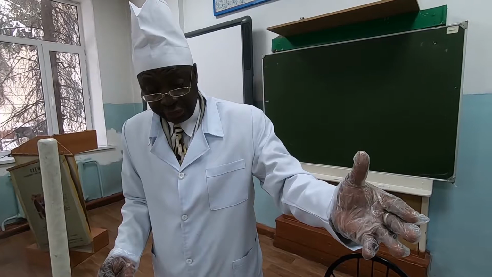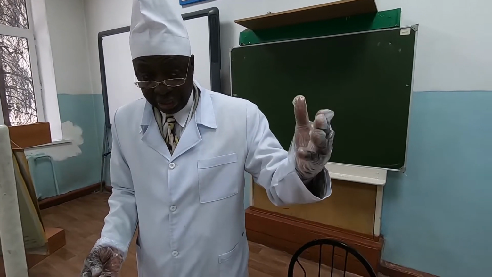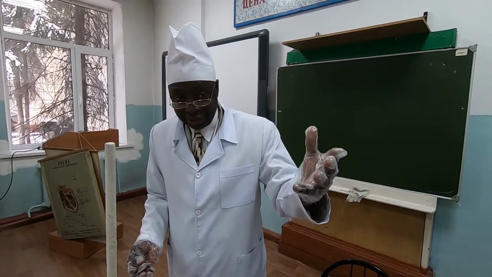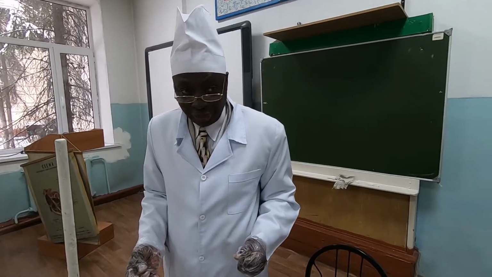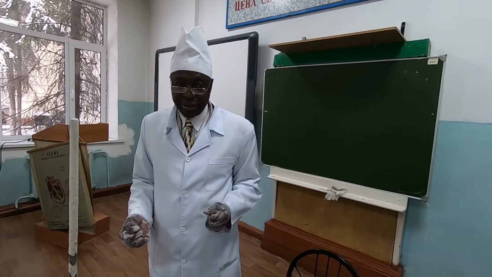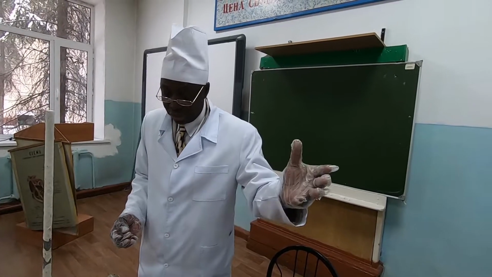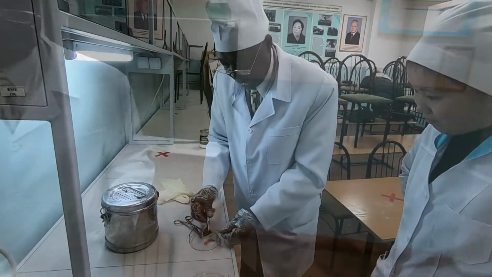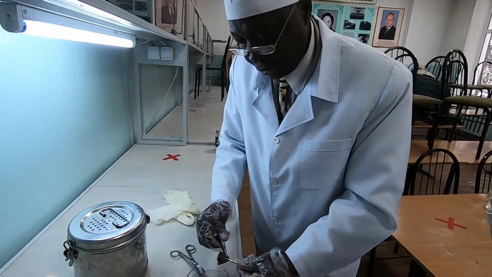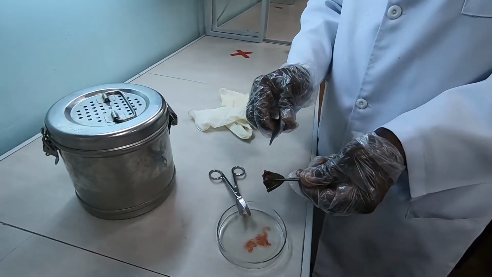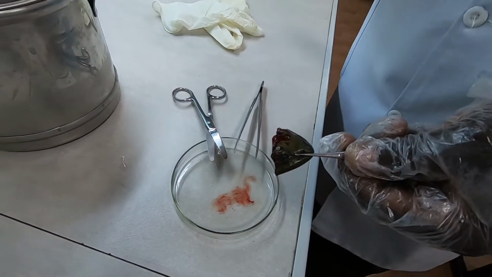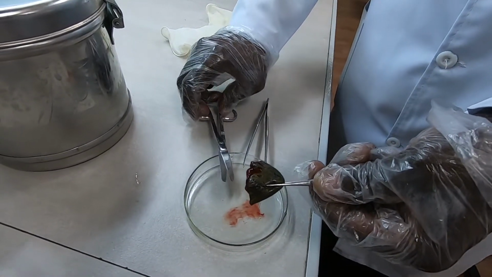Now we are going to the other experiment, to see how the eyeballs of a frog react to adrenaline and the solution of Ringer. So let's go over there. Dear students, as I told you earlier, this is the head of our frog, and now we're going to take out the eyeballs.